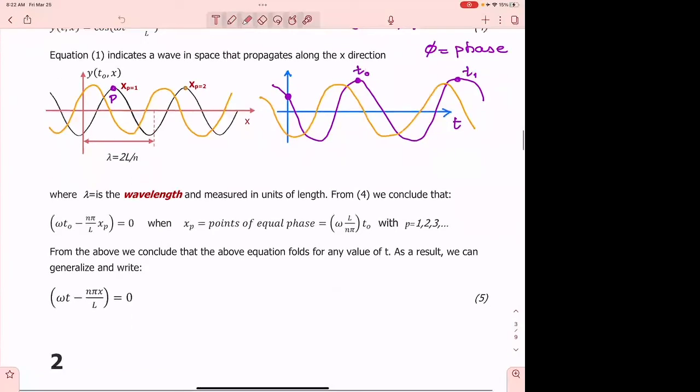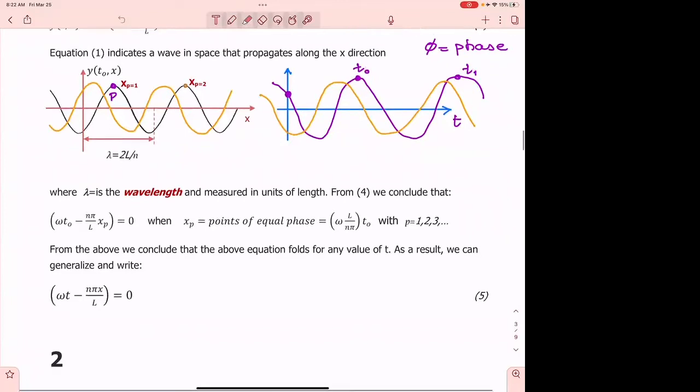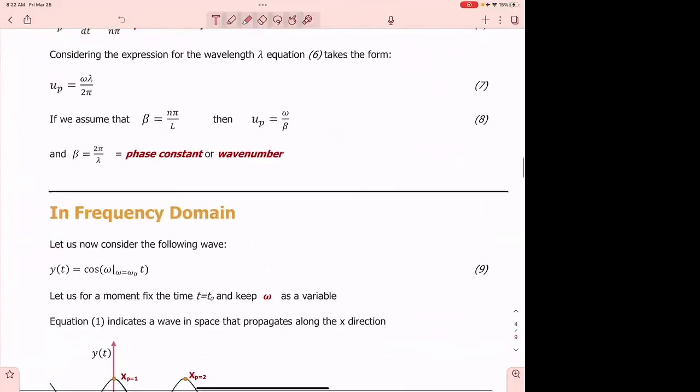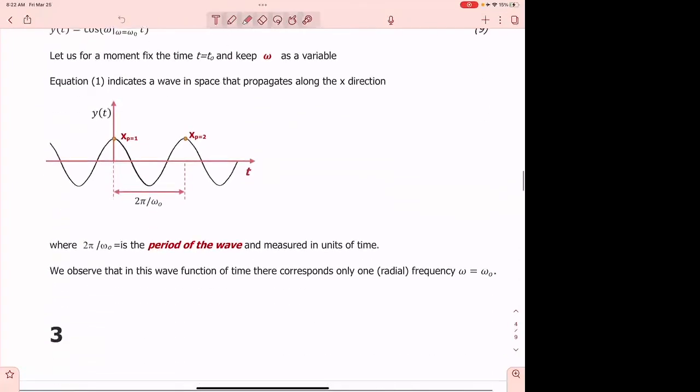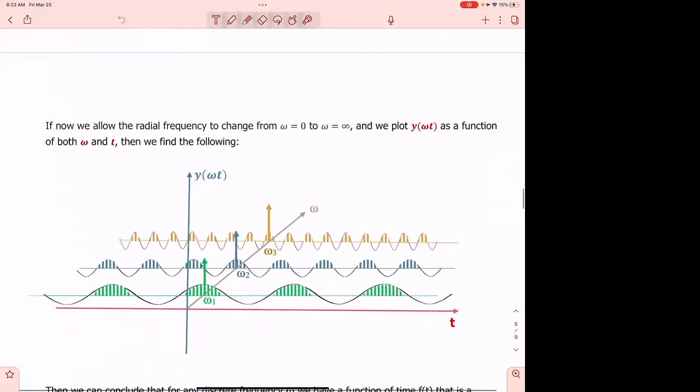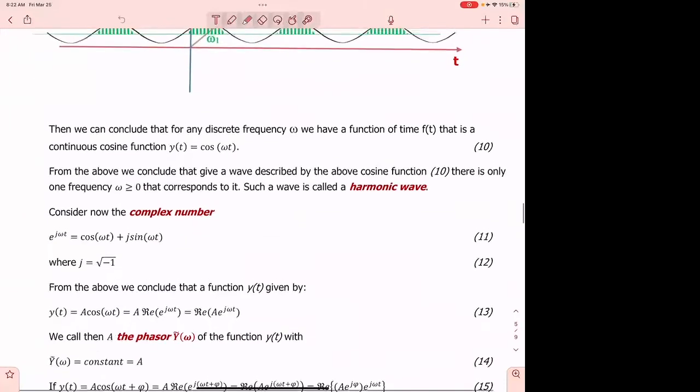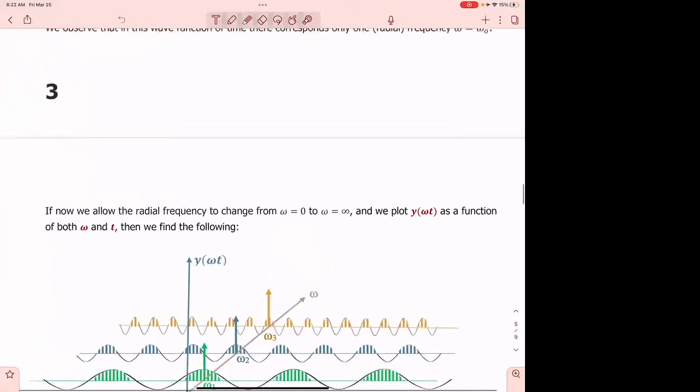The period is the inverse of the frequency, and the wavelength is related to beta, which is called the wave number. So lambda is the wavelength, and beta, which is 2 pi over lambda, is called the wave number. And we will see later that these wave numbers are extremely important as we start solving problems.